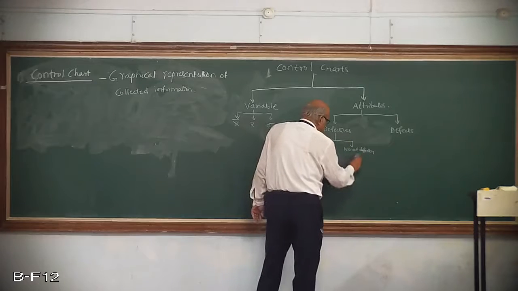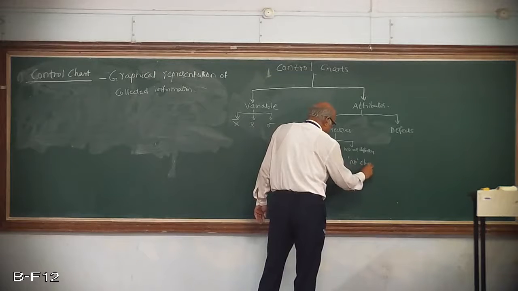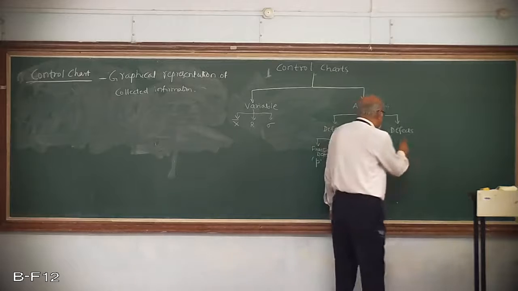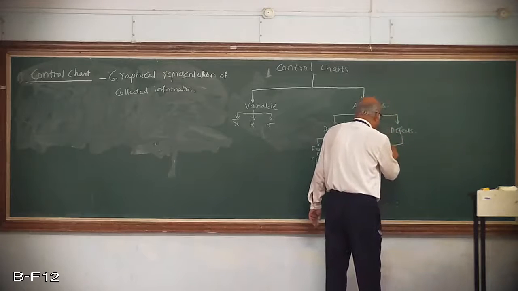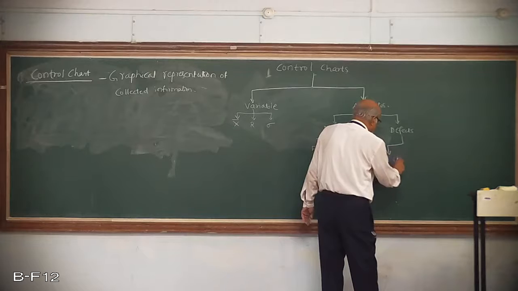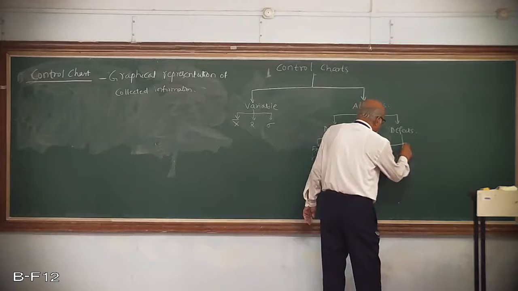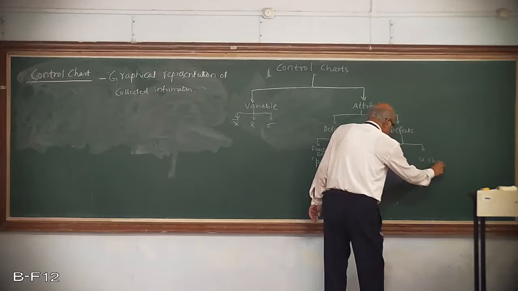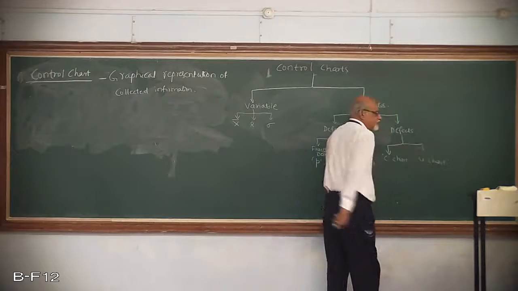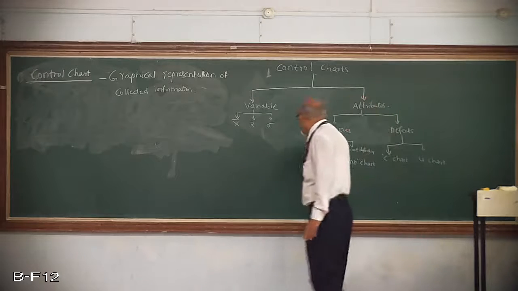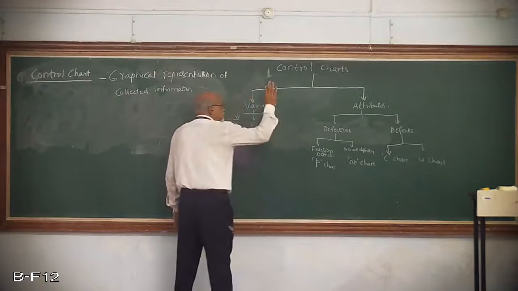And this one is the NP chart. And defects can be further classified as C chart or U chart. Okay, these are in general the classification of the control charts.